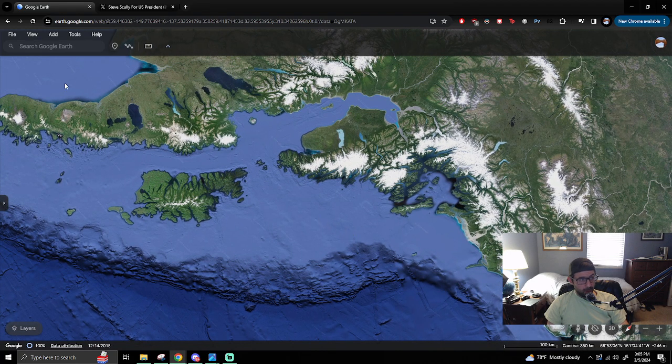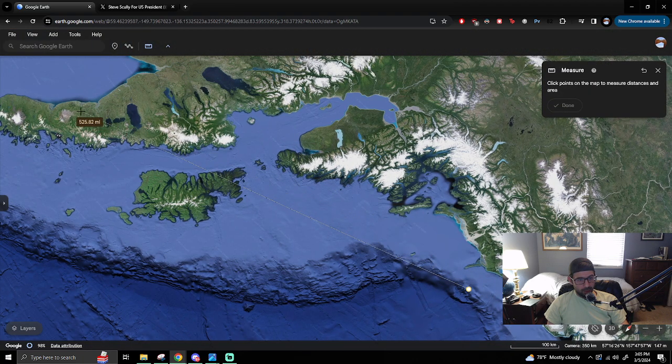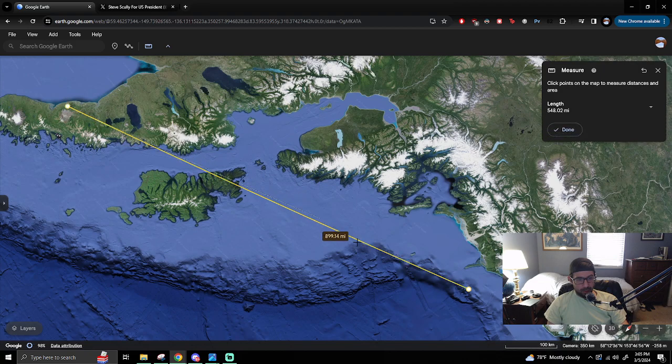this way. If we just trace this boundary, just looking at the ocean floor over here at the edge of the continental crust, it actually aligns with there and there.